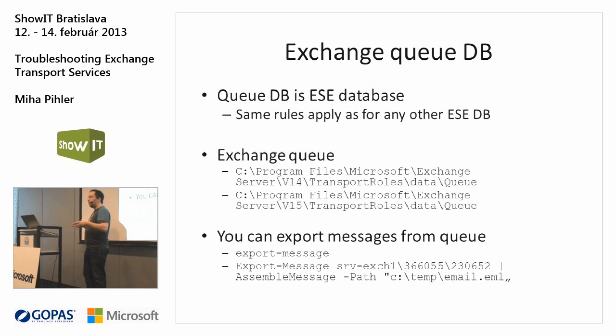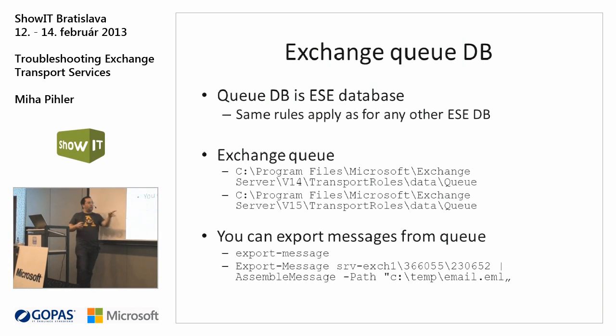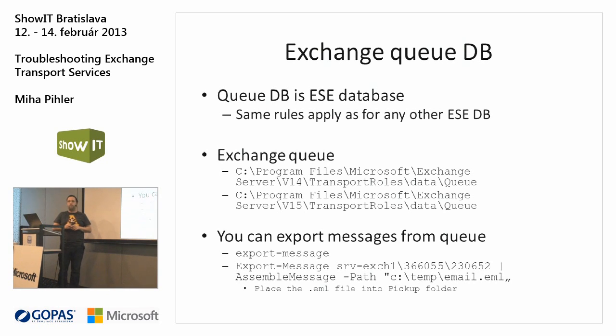What we were actually able to do is export all the emails from the queue, get them into the form of EML file. We copied those files to another hub server and placed them into the pickup folder. And the other Exchange server just picked them up, put them into its queue, and sent them out without problem. Then we had time to work on the problematic server.